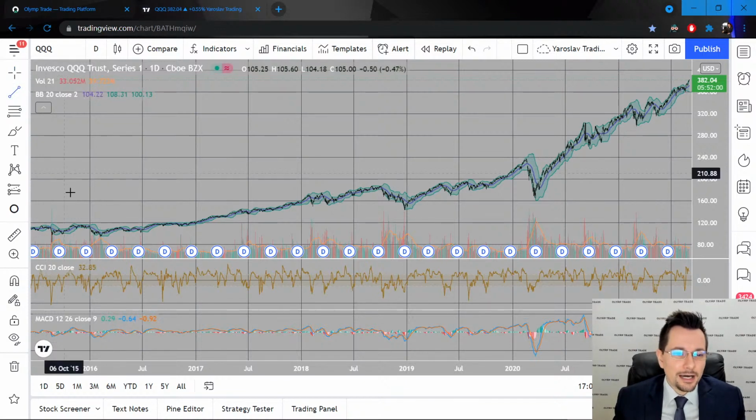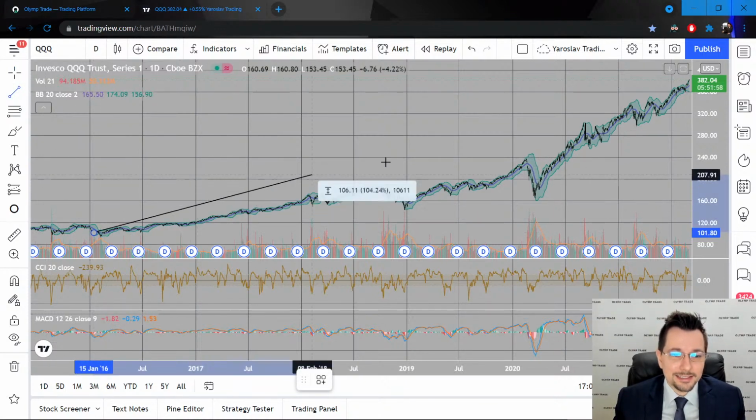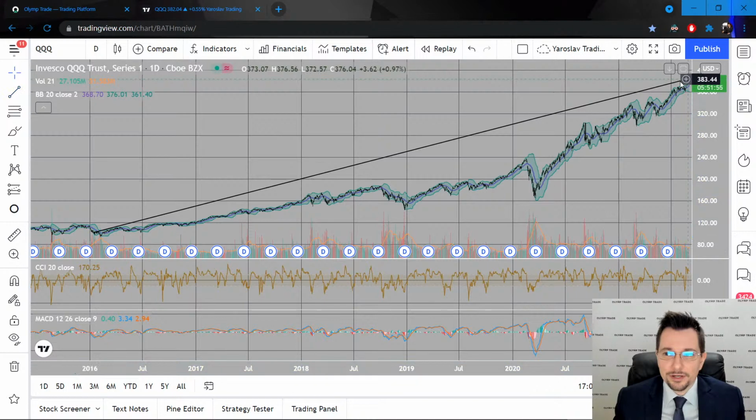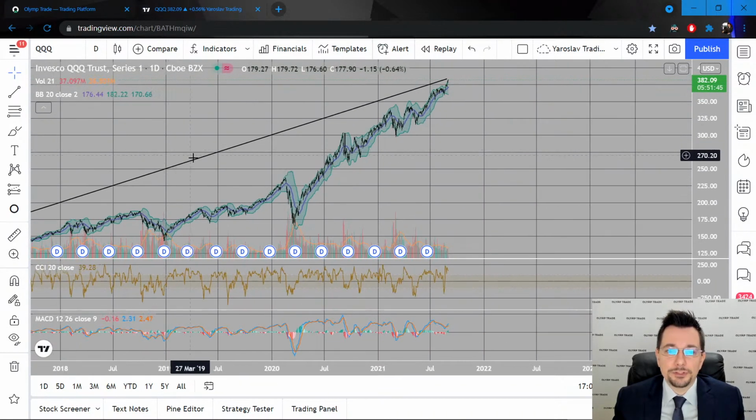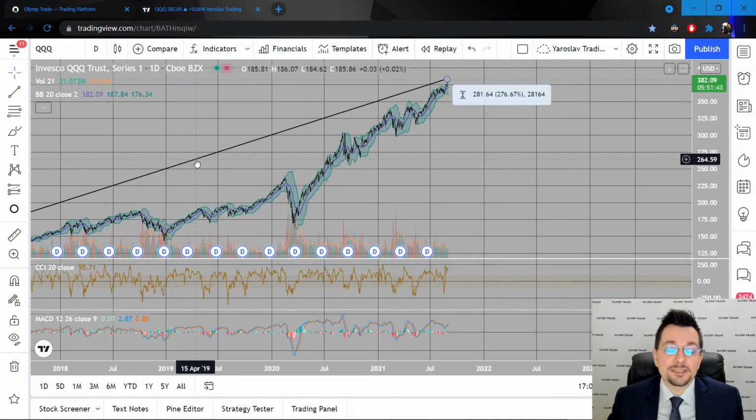I don't want to go too far back in time because the numbers get even crazier. This black line represents the growth from 2016 up to where we are today, and it was a massive 276%. So if you want to multiply your earnings within the course of 5 years, tech is definitely the way to go.